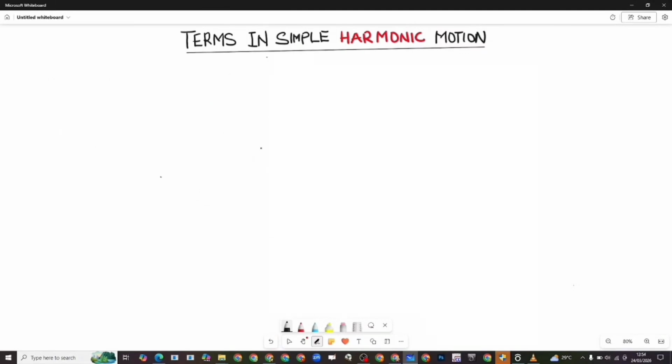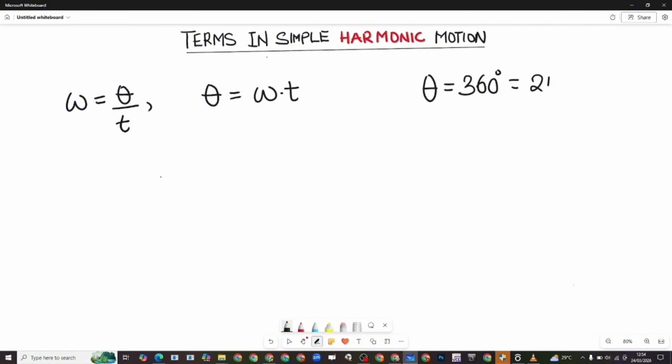Let's recall from our angular velocity, which is equal to the angular displacement over the time taken. If I cross multiply, I have my angular displacement as my angular velocity times the time taken. But we are aware that theta is equal to 360 degrees, which is also equal to 2 pi rads, if we're converting to rads.